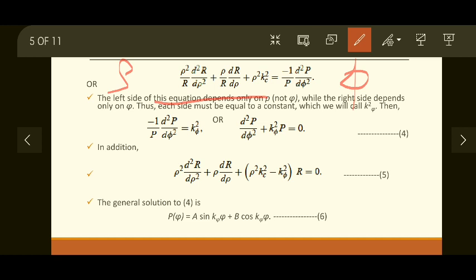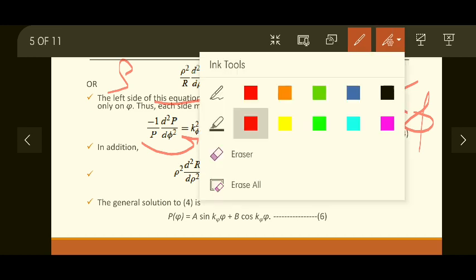So if they are combinedly equal to 0, they must each be equal to a constant, which for the right hand side we will call k phi. So minus 1 upon P d2P upon d phi square is equal to k phi square, or if we rearrange that, taking this onto the right hand side, we will get this equation: d2P upon d phi square plus k phi square P is equal to 0.